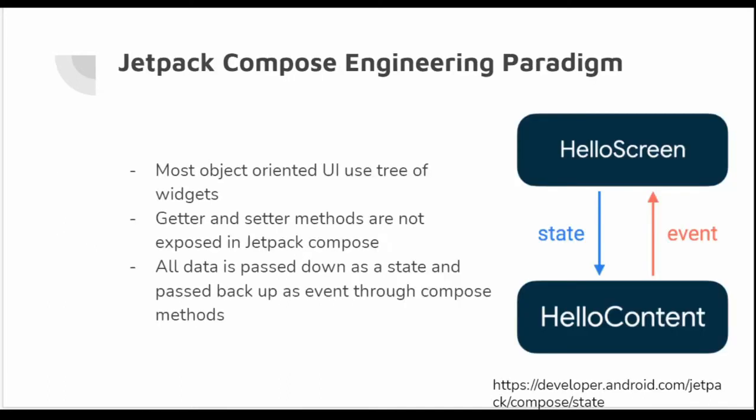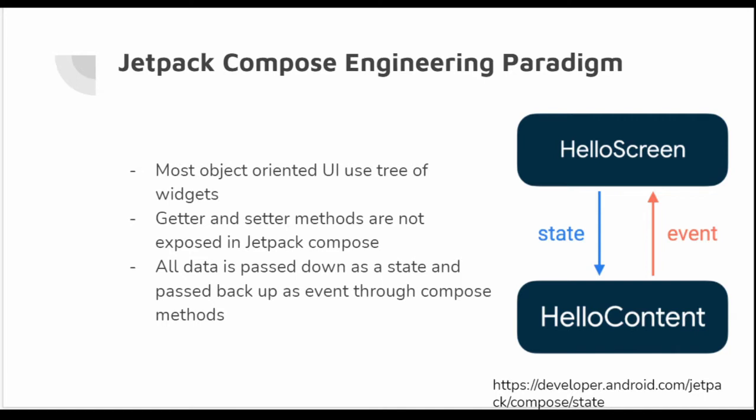Now, the Jetpack Compose software engineering paradigm. Most object-oriented UI toolkits create a tree of widgets by inflating the XML layouts for each of the widgets, and that then exposes their getter and setter methods and allows the app code to interact with the XML.